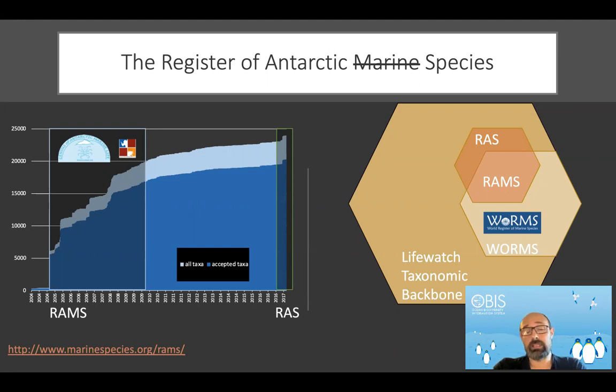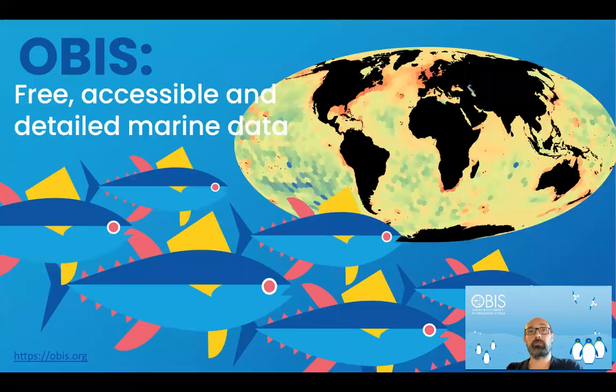And as we shifted focus from marine data to also include terrestrial data, back in 2012, we started to include terrestrial taxonomical information. So RAS and RAMS are as such part of WoRMS, but also of the LifeWatch taxonomic backbone.